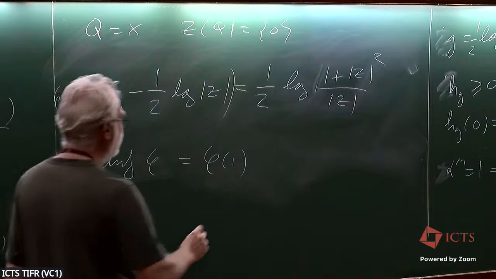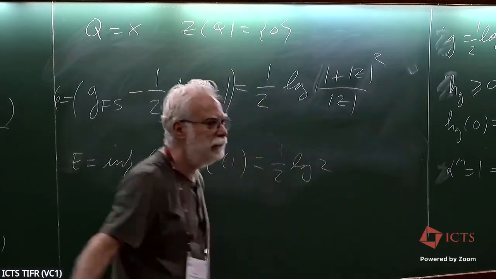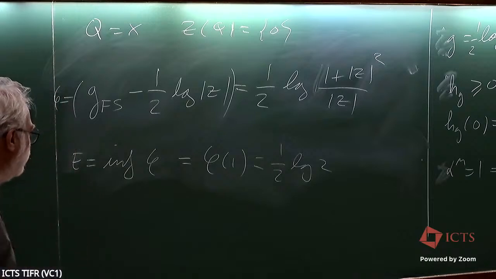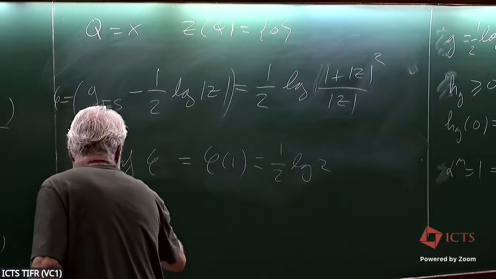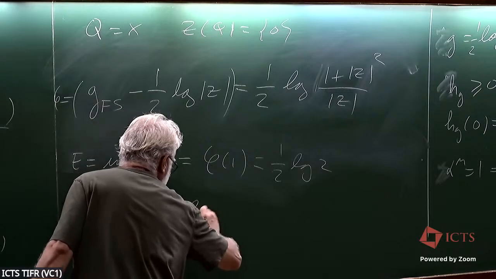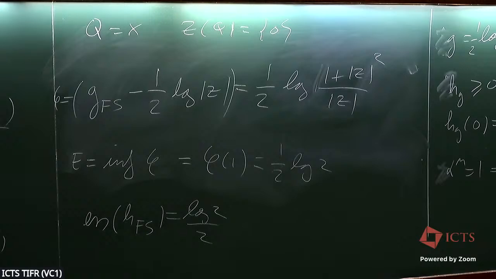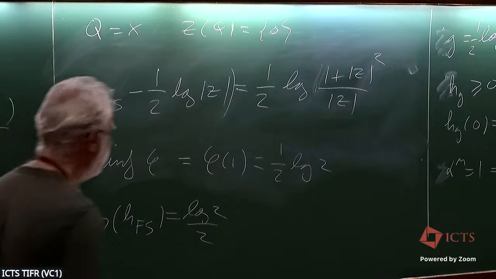And it is exactly equal to 1/2 of log of 2. So we get now that the essential minimum of this H Fubini-Study is exactly equal to log 2 divided by 2. Okay. So in this case, the easy lower bound automatically gives us the absolute minimum.